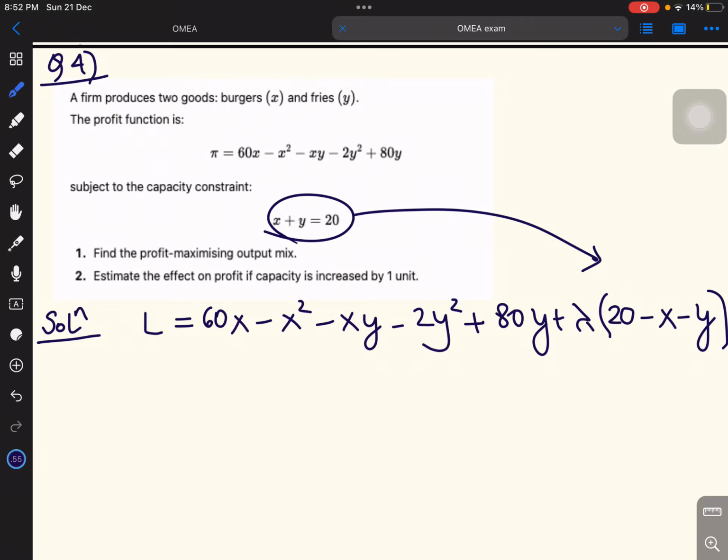Do remember that we always set up the Lagrange like this. We put in the objective function given to us, plus lambda, and first we write the constant and then the variables. So x plus y comes to this side and becomes 20 minus x minus y. This is the important aspect that needs to be remembered in setting up the Lagrange.